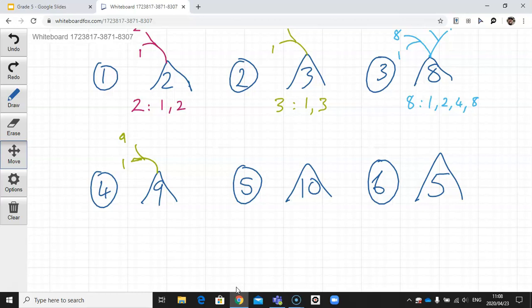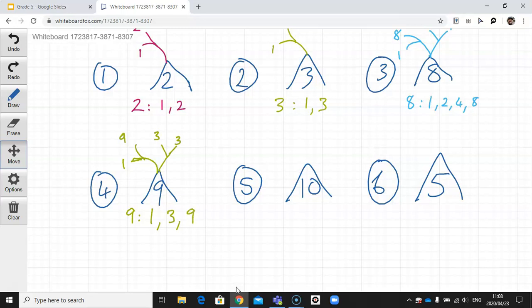Yes, 3 fits in. How many times does 3 fit in? 3 times 3. 4, 8, 12. No. 5, 10. No. Okay, and that's all. So our answer to the factors is 1, 3, and 9.